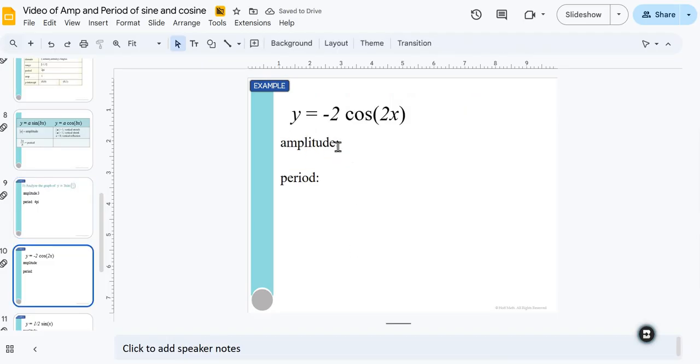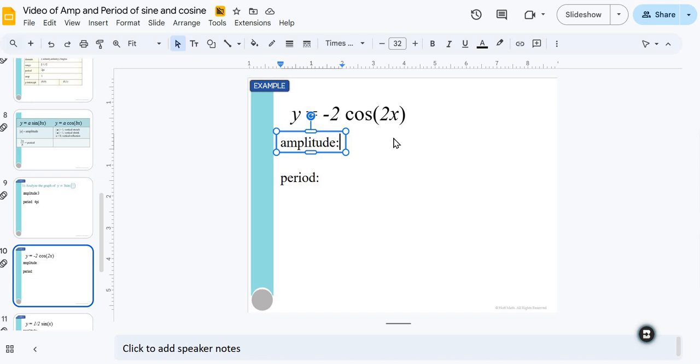Looking at our next one, something to be careful about is, remember that our amplitude is the absolute value of that front number. So even though we have a negative there, it's the absolute value of it, so I still get 2. Now, for our period, remember that our formula is 2 pi divided by our b value.